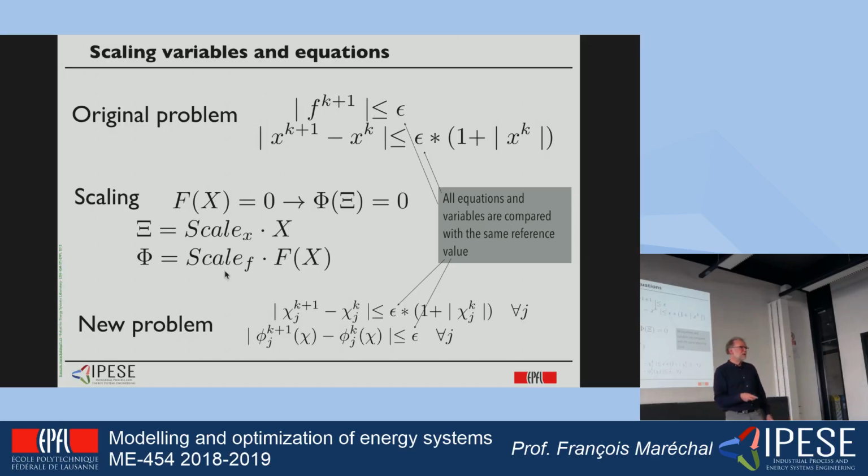I'm going to apply a multiplication factor to all the variables in such a way that in my numerical procedure, in my algorithm, everyone will be seen with the same order of magnitude and can be compared to the same epsilon. Okay? So this is the scaling factor which allows us to really make the comparison with the same value.